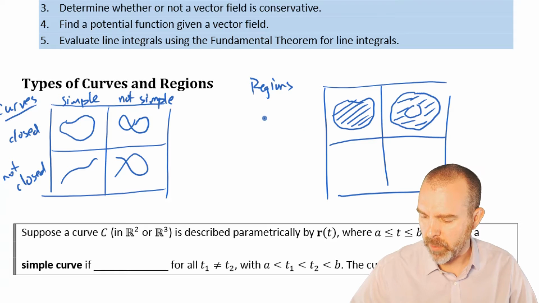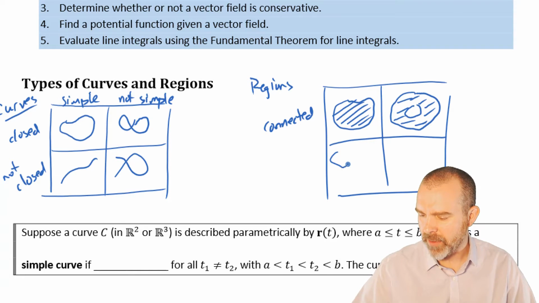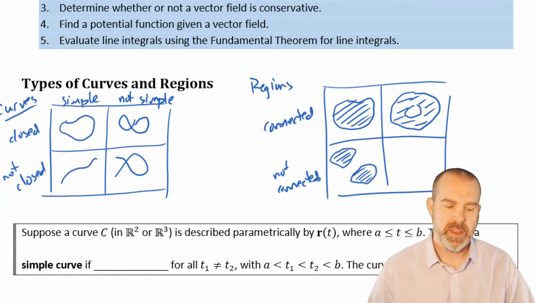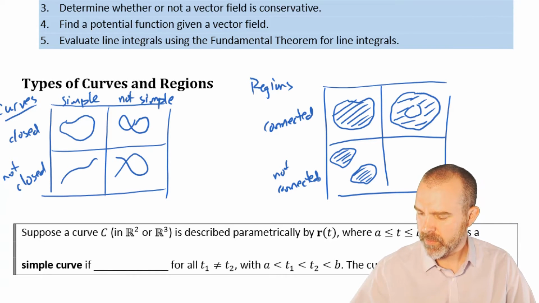Oops, that's one word. And then not connected might have a couple of regions. Not connected. And then we could have that last one here, maybe one of them has a hole in it, something like that.